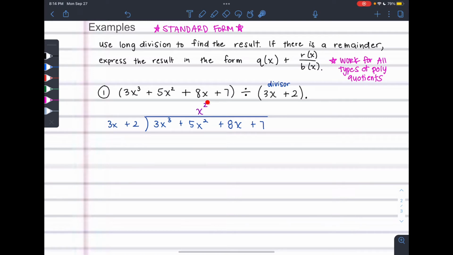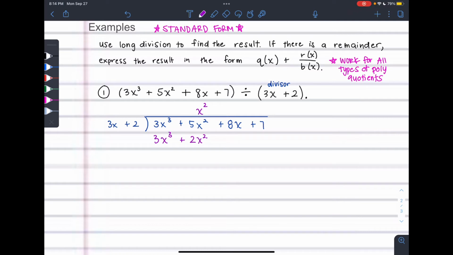Next, we're going to take x squared and multiply it to each term and rewrite it underneath our dividend. So x squared times 3x is 3x cubed, and x squared times 2 is 2x squared.